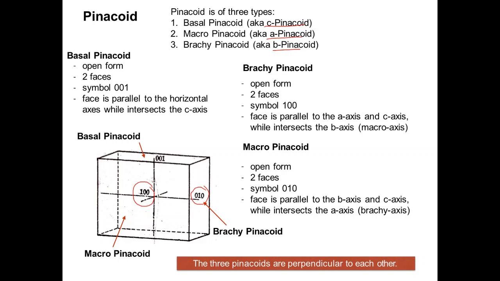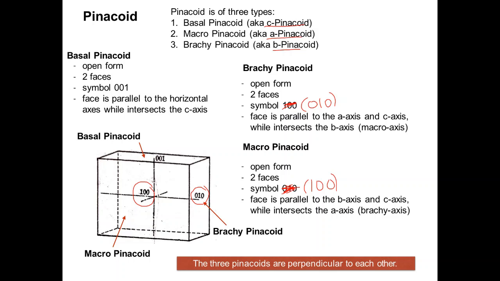It will be parallel to a axis. So in case of brachypinacoid, the symbol would be 0, 1, 0, not 1, 0, 0. Sorry for that mistake. And in case of macropinacoid, the symbol becomes 1, 0, 0.